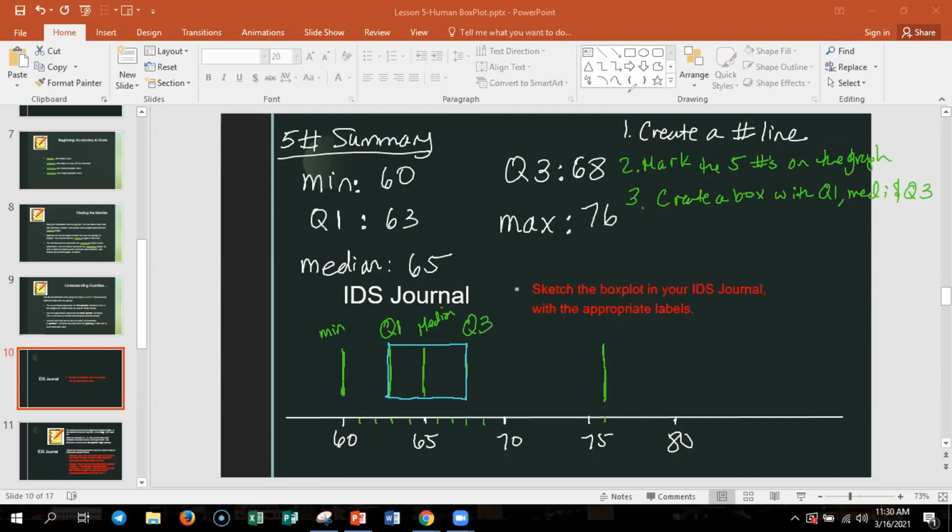Lastly, you want to connect Q3 with the maximum and Q1 with the minimum. So what do I mean by that? You take from Q3, connect it to the maximum, and Q1, connect it to the minimum.